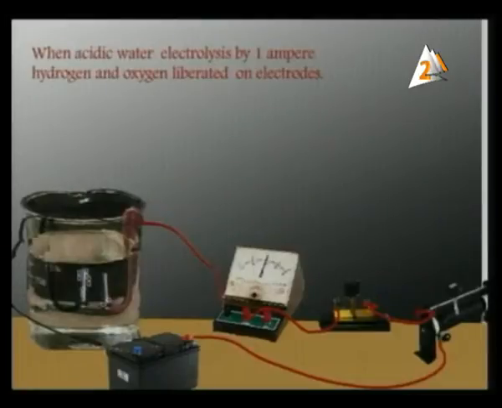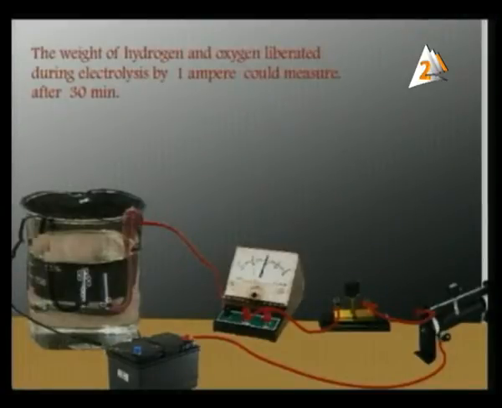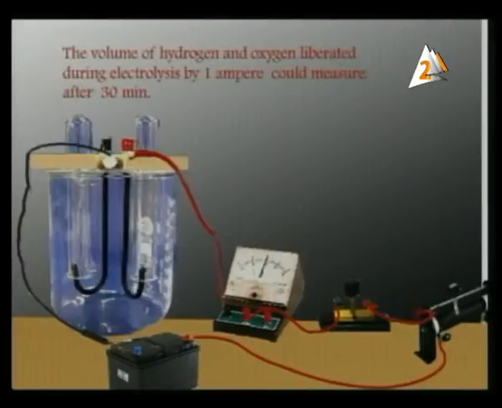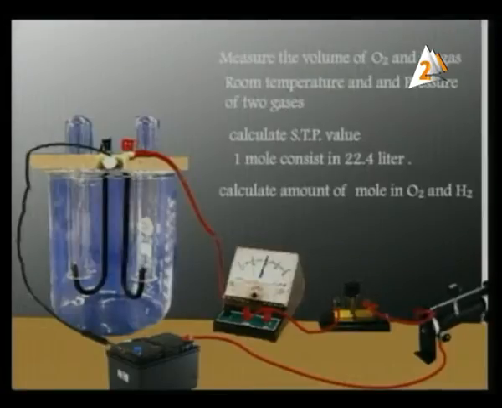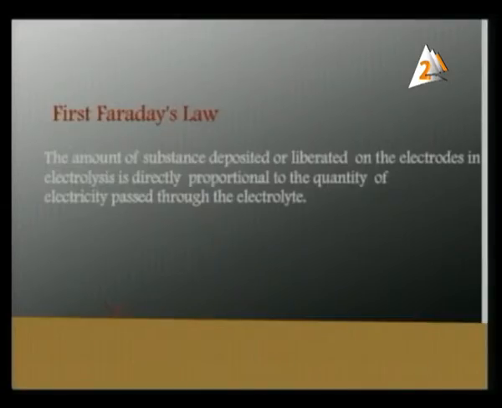Electrolysis here means the electric circuit that is formed here. The hydrogen is liberated from this one, and we have the electric circuit. It means what? It means voltmeter, source of electric energy, and we have the chemical or chemicals found inside the container. Ampere passing for the second one.